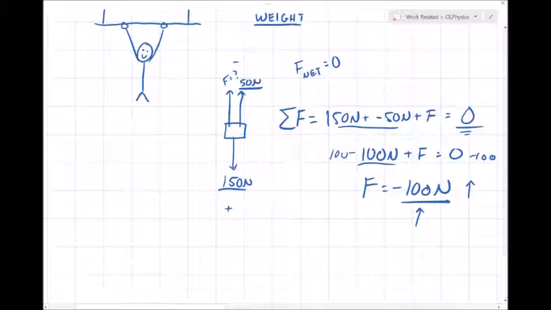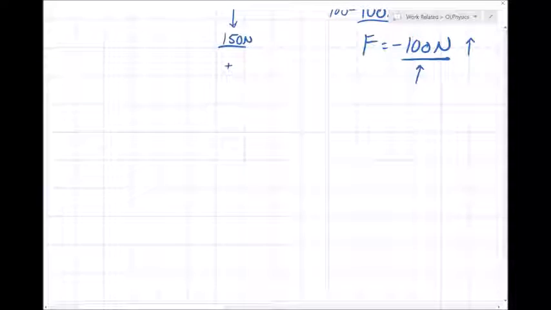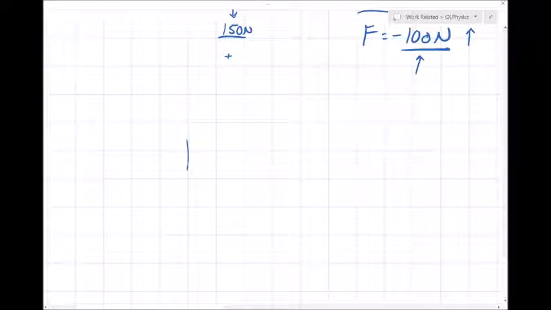So let's do another one. Let's say we have a box and a bunch of kids trying to push it. I'll draw these really quickly. They're all going in opposite directions. Maybe this side only has 2.